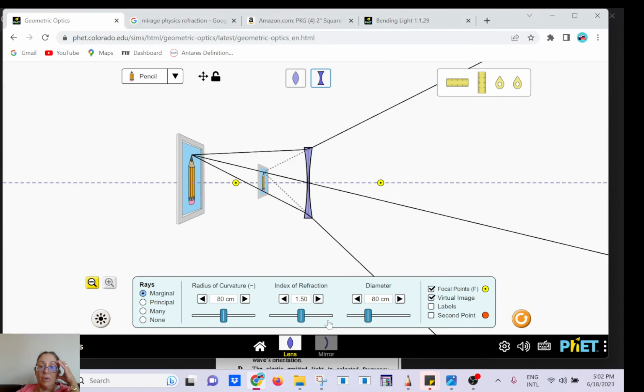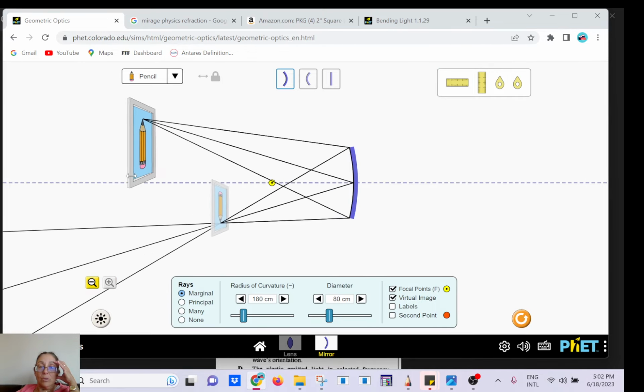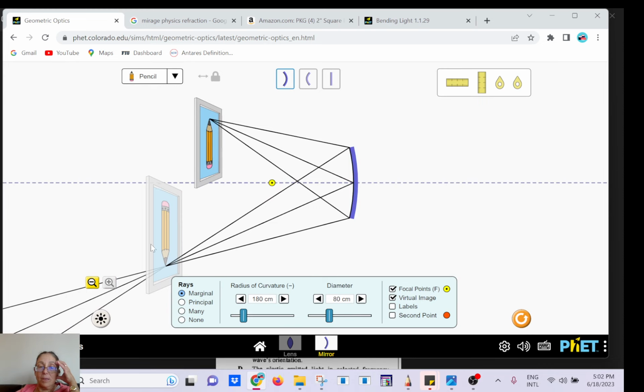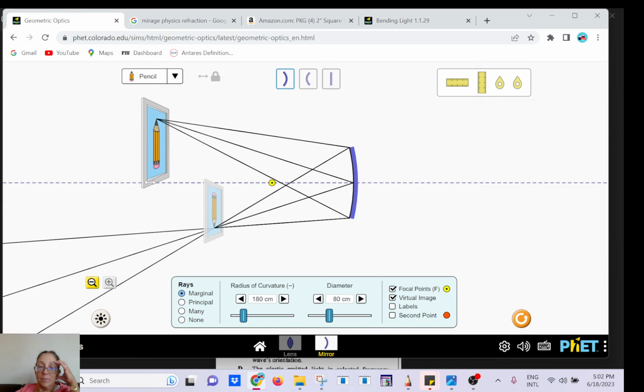So let's see. If you have a mirror here, the image is upside down and real. You can display it on the screen. If the object is at that distance here, which we discussed before, that distance is twice the focal length, the radius of the mirror, you get an image which is real, upside down and the same size. If you move it here, you get something smaller.